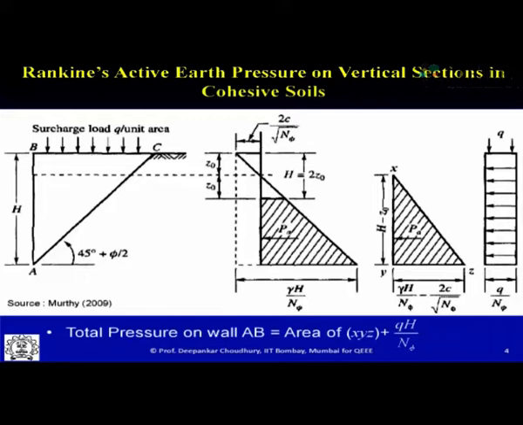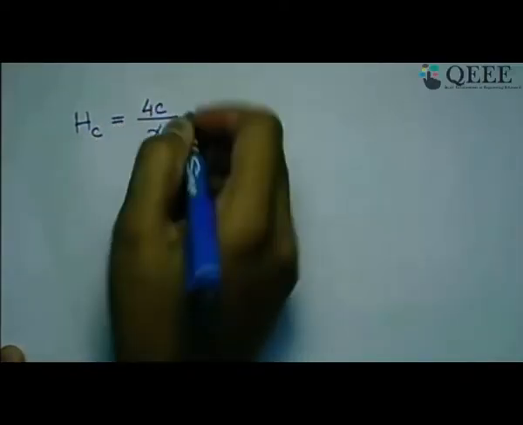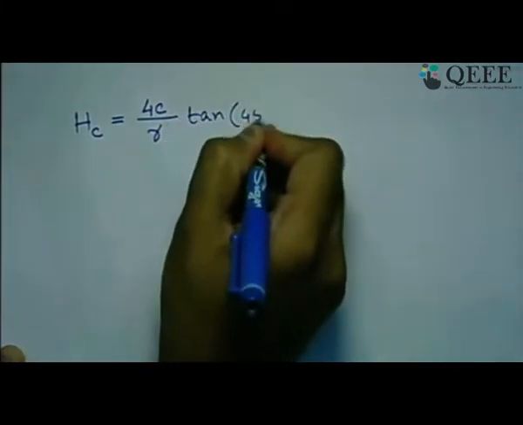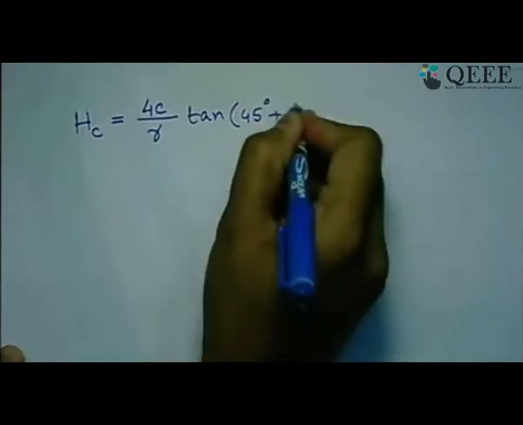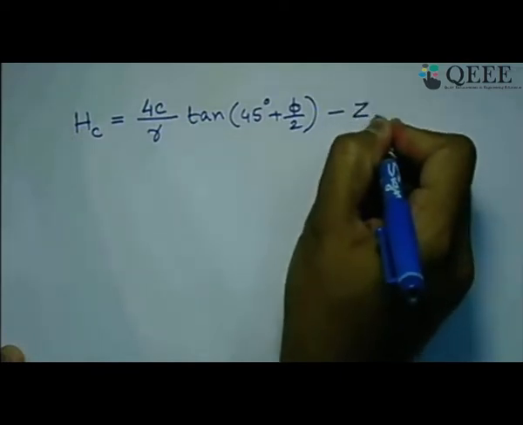What we can mention here is that as per Terzaghi, the height of the critical vertical cut is given by 4C by gamma, tan of (45 degrees plus phi by 2), which is the theoretical expression, minus Z critical or Z naught.